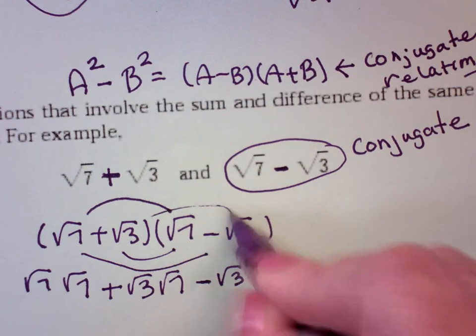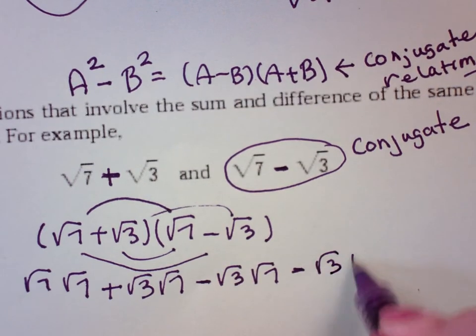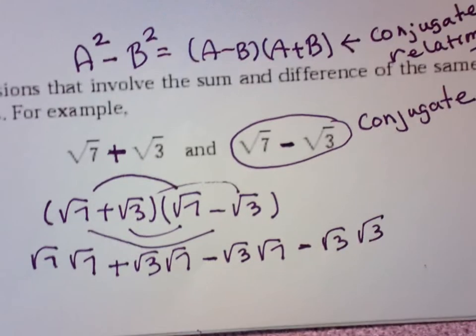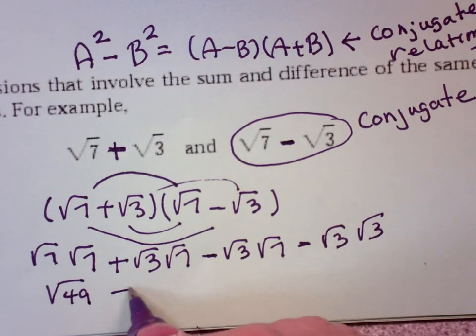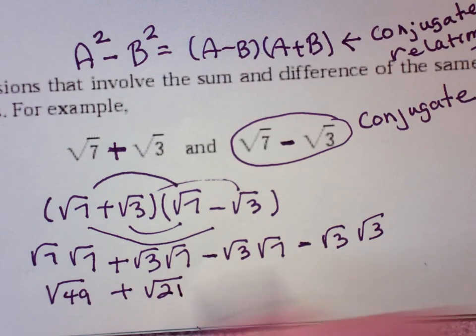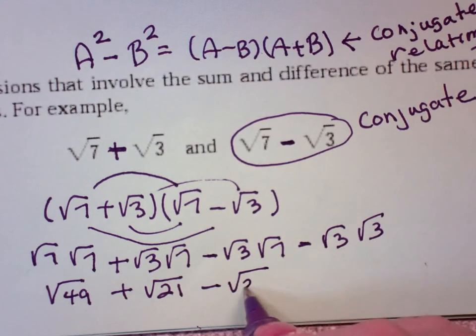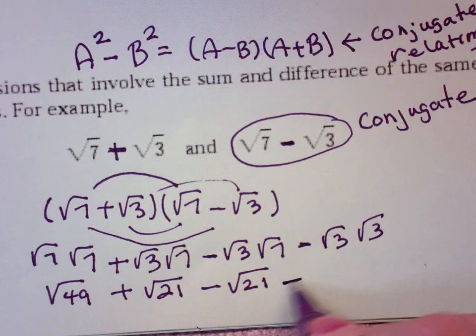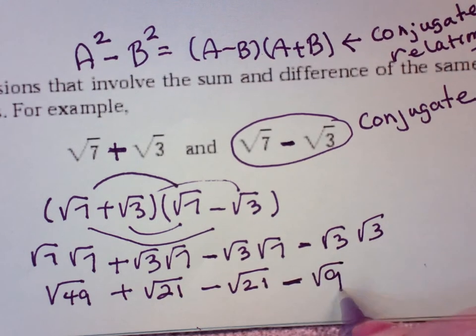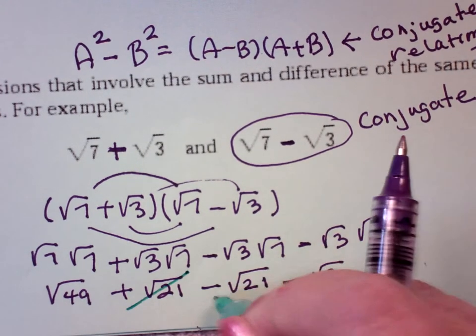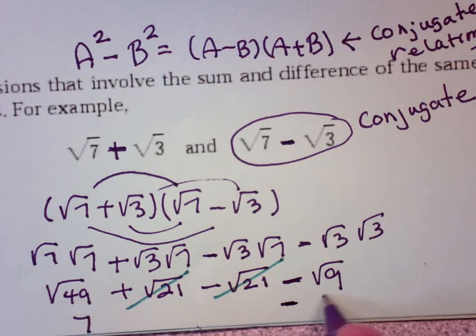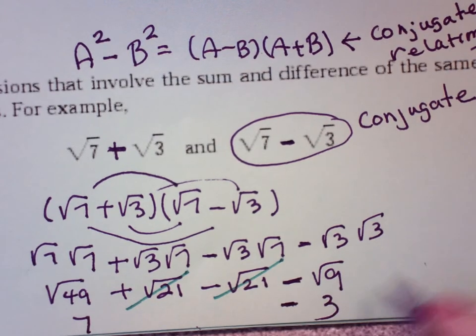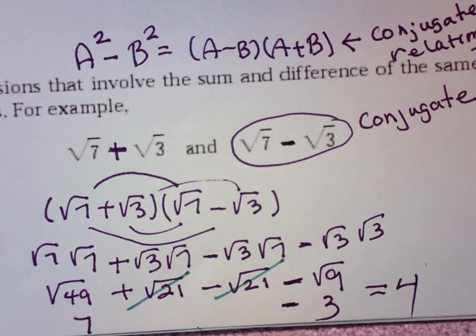And then last is minus square root of 3, square root of 3. I'd have the square root of 49 plus the square root of 21 minus the square root of 21 minus the square root of 9. Notice the two radicals add to 0. I'm left with 7 minus 3, and 7 minus 3 is 4. It kills the radical.